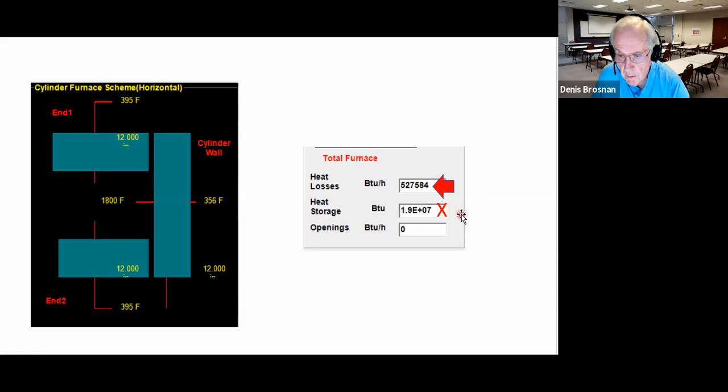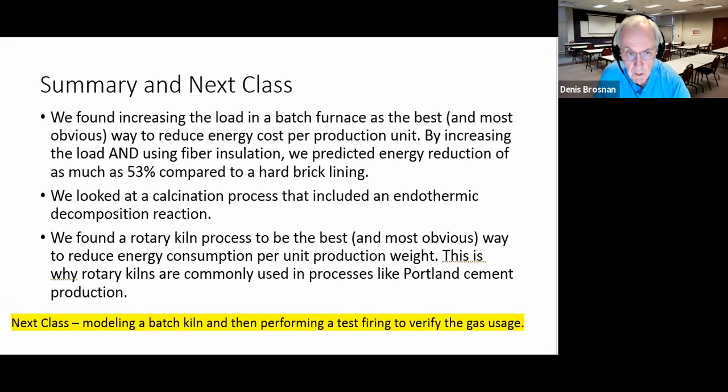So given that, if you operated 50 weeks a year, making the amount of limestone that we're making, spreading out that heat storage over that large amount of product would be a small amount, and perhaps even the accountants might let you get away with that. Heat losses, however, at 0.53 million BTUs per hour are something that we have to factor in.